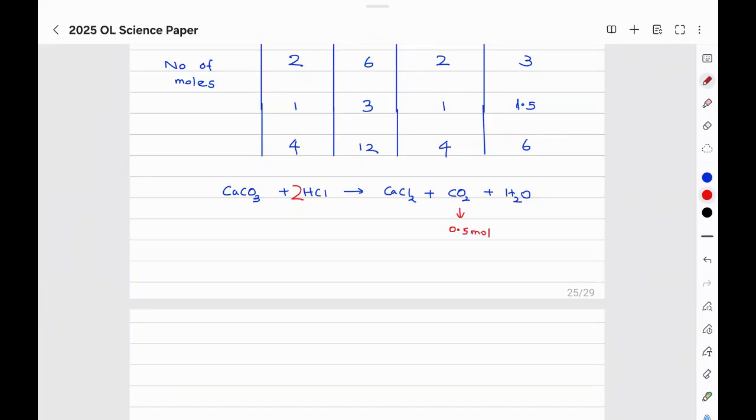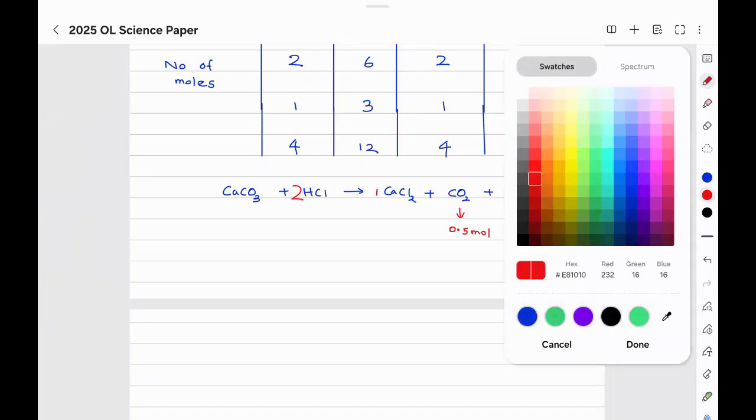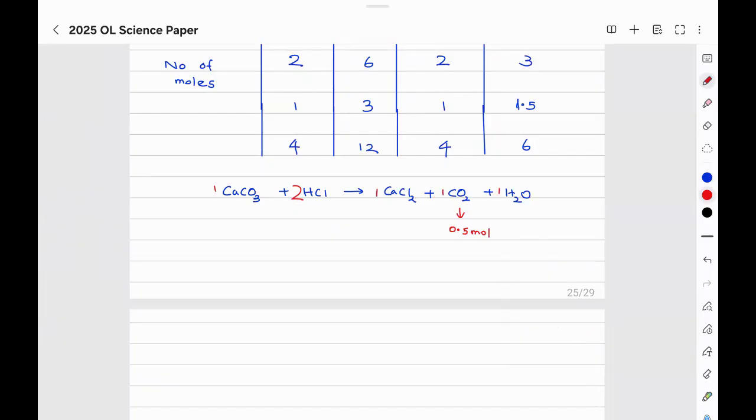Now look at the coefficients 1, 1, 1, 1. Now tell me, what is the calcium carbonate number of moles? If carbon dioxide moles are 0.5, according to the ratio between calcium carbonate and carbon dioxide, you can see the ratio is 1:1. Then calcium carbonate number of moles should be 0.5. Very simple.